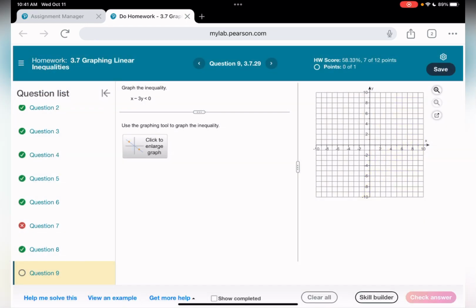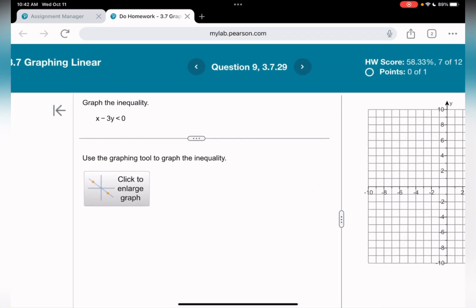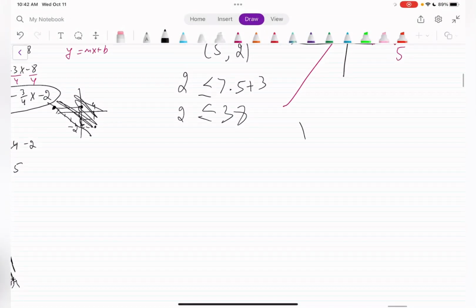Bingo. Number 9. x minus 3y is less than 0. So -3y is less than -x, right?